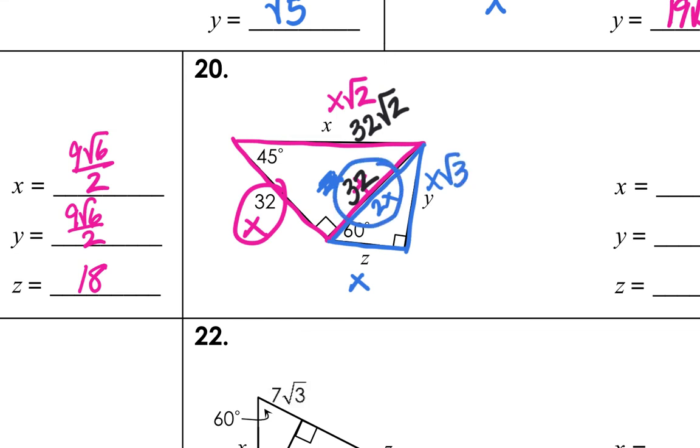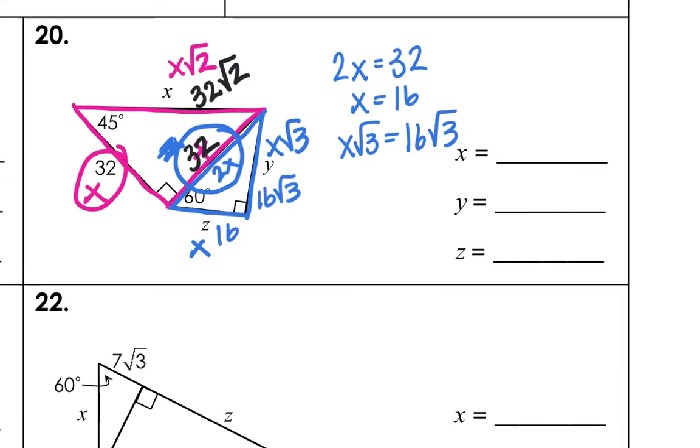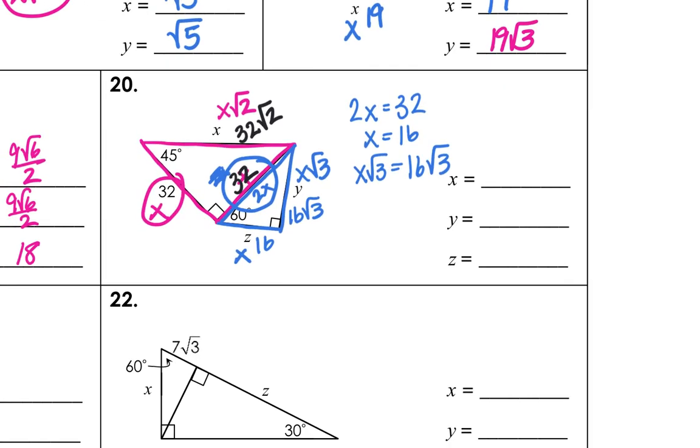Circle what I know. Now 2x is 32, so x is 16, which means this side is 16, which means x square root of 3 is now 16 square root of 3. So if I label it, I get that this is 32 square root of 2, y is 16 square root of 3, and z is just 16.